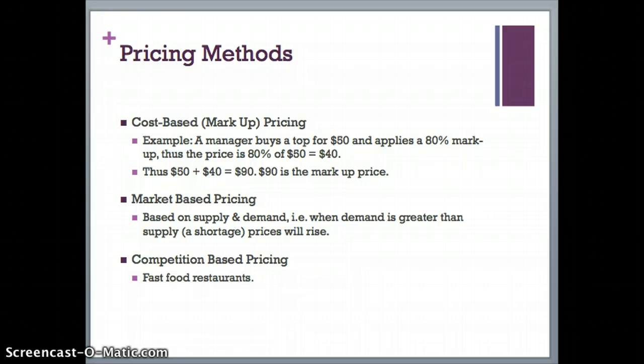Lastly, competition-based pricing is where the price covers production costs and is still comparable to competitors' prices. This is especially prominent in fast food restaurants, so if you look at places like McDonald's and Hungry Jack's and KFC, the prices for their food items differ a bit, but mostly they're around the same range.